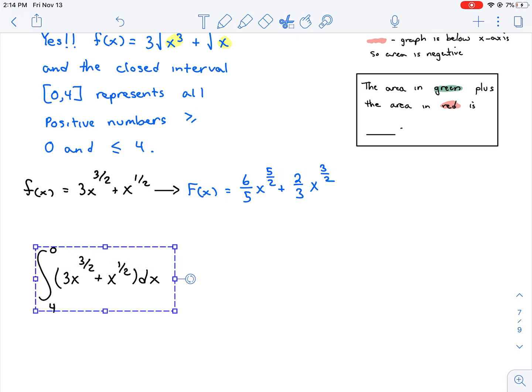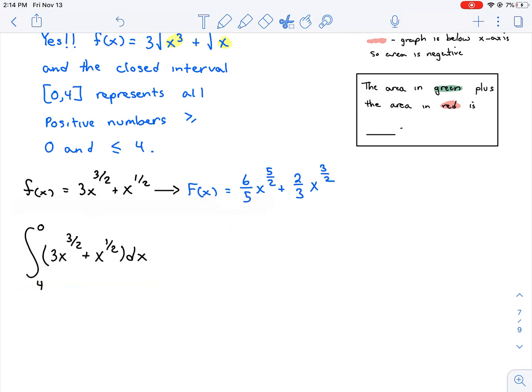All right, so here we go. The definite integral from 4 to 0 of f of x is equal to an antiderivative evaluated from 0 to 4, and then we're going to subtract the results.